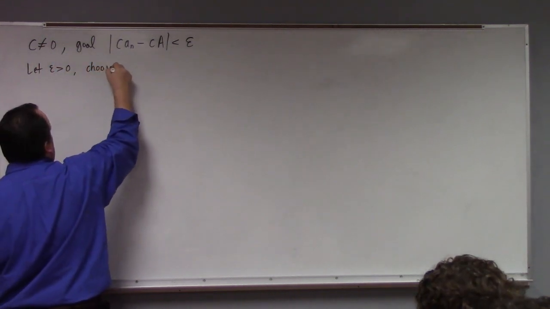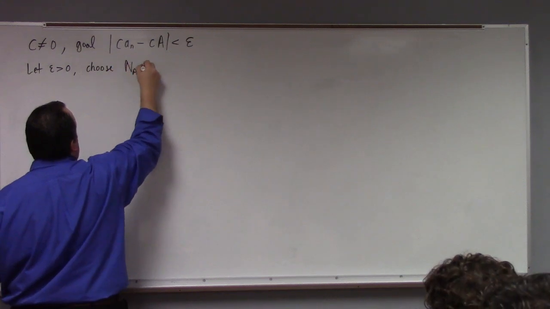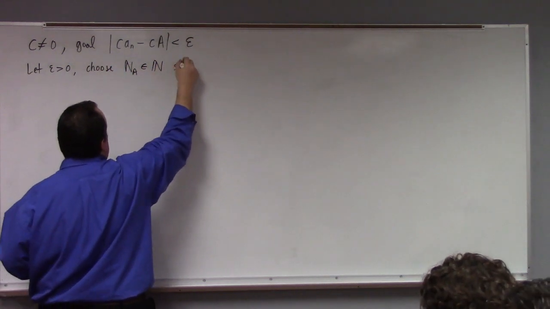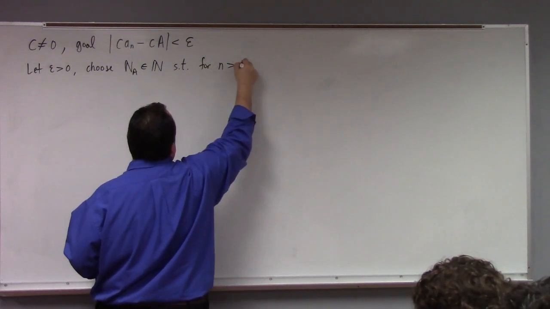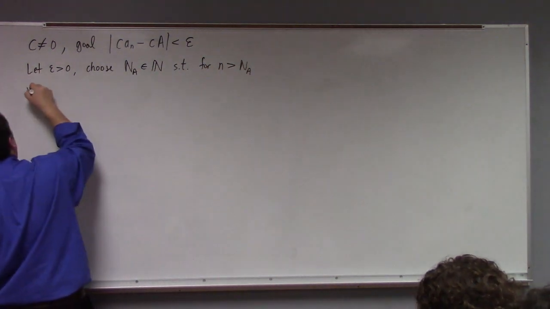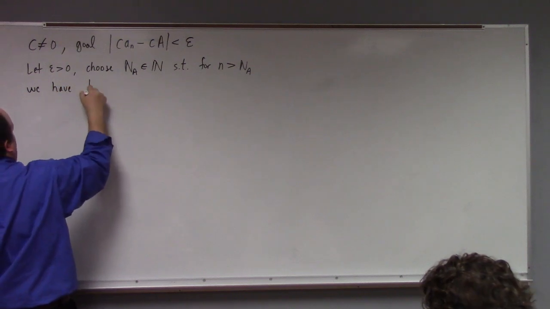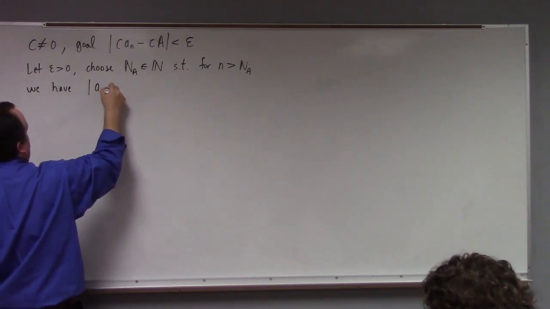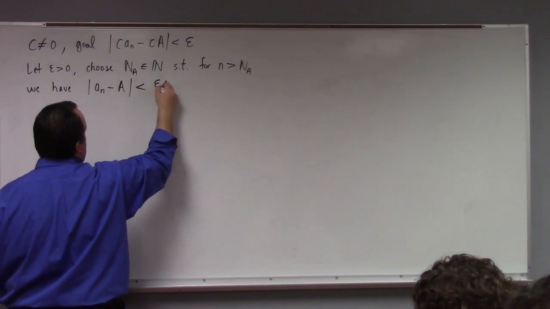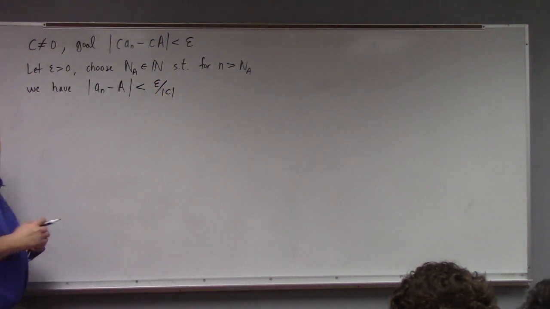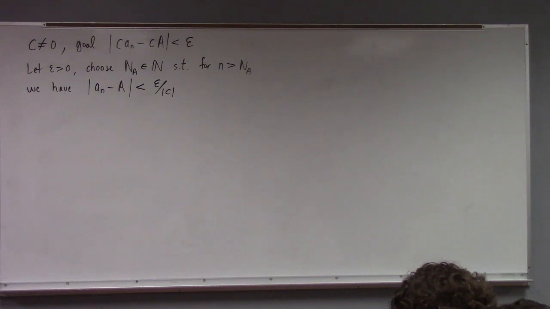I'm going to choose n sub a in the natural numbers such that for n greater than n sub a, we have the absolute value of a sub n minus a is less than epsilon over the absolute value of c. I can do that because the absolute value of c is positive.